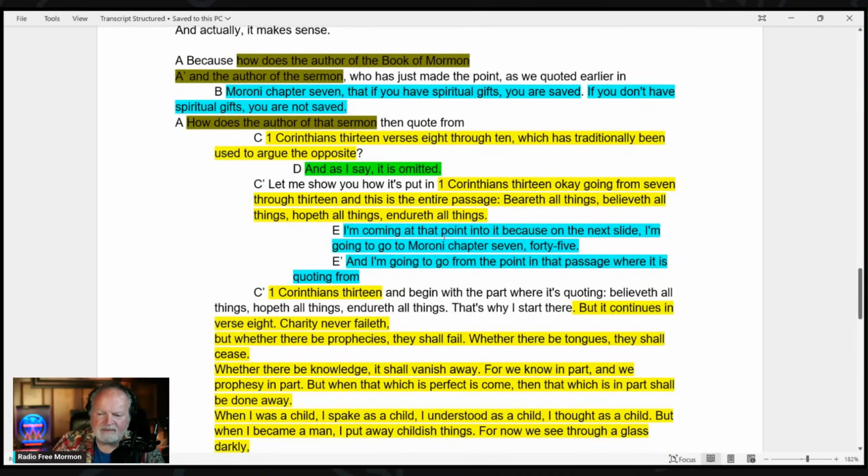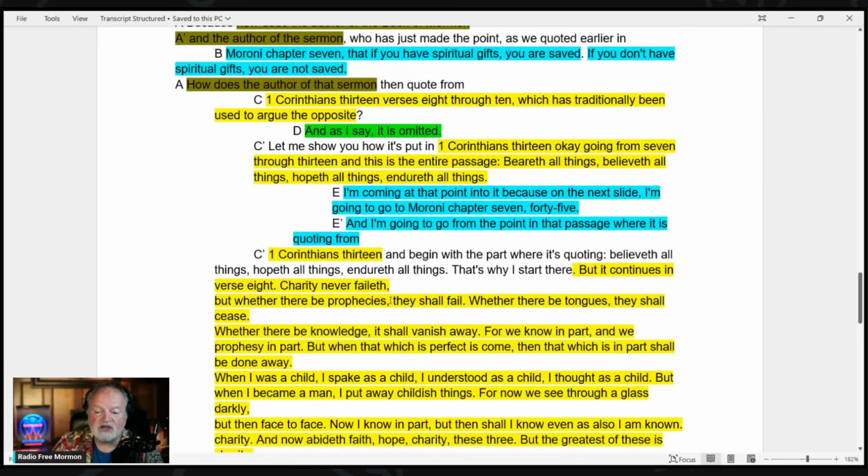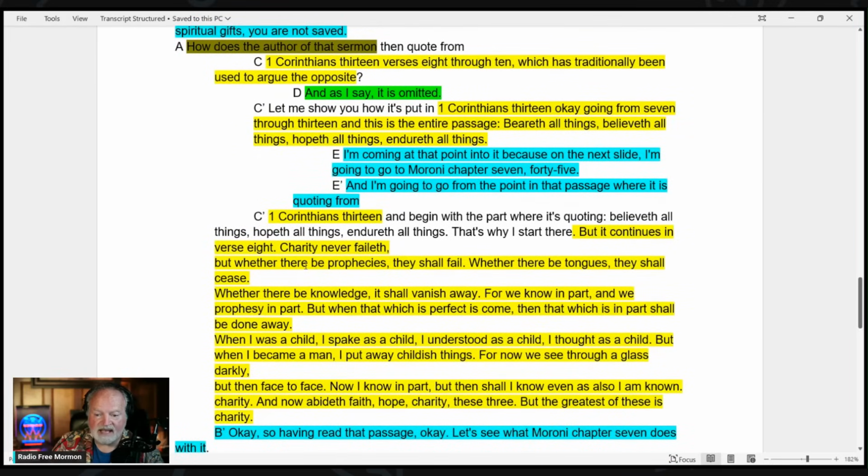I'm coming at that point into it because on the next slide, I'm going to go to Moroni chapter 7, 45, and then sub E, and I'm going to go from the point in that passage where it is quoting from, sub C, 1 Corinthians 13, it's in yellow. And then there's a huge part that's in yellow because I'm actually quoting from 1 Corinthians 13. So all of that is in yellow.